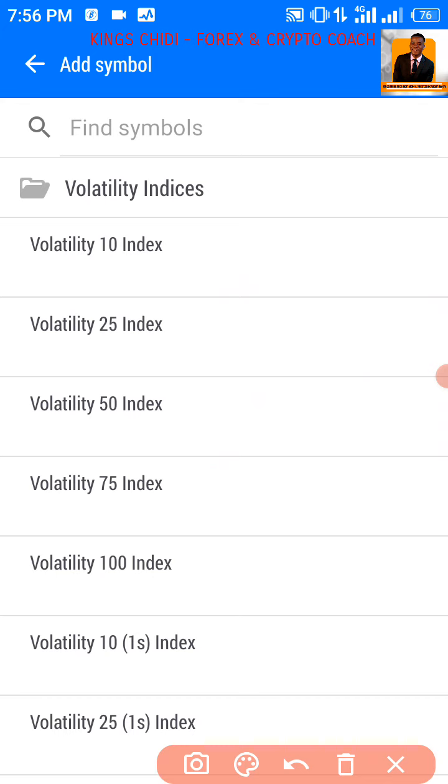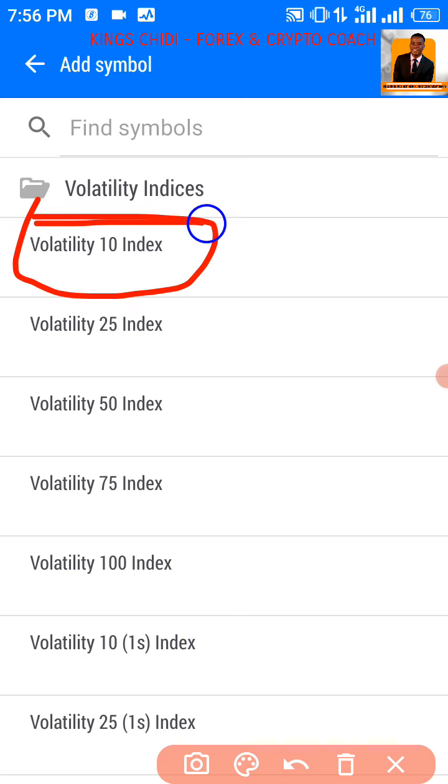So, volatility indices. Let's look at the volatility 10 index. The lowest lot size is 0.30, and you can open a position on it. If you have like $2 or $1, you can trade on it.